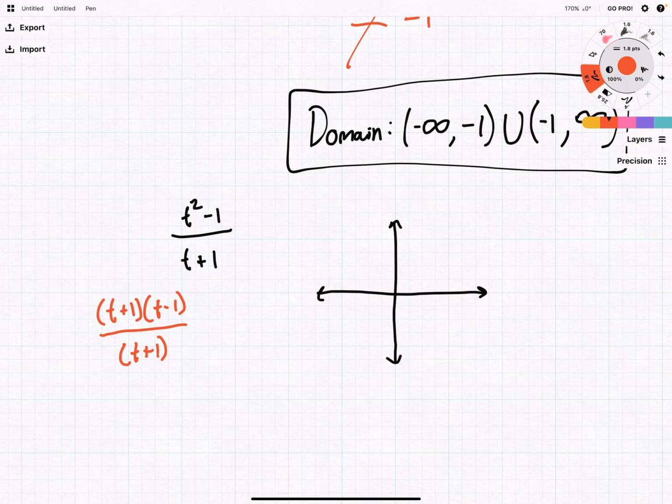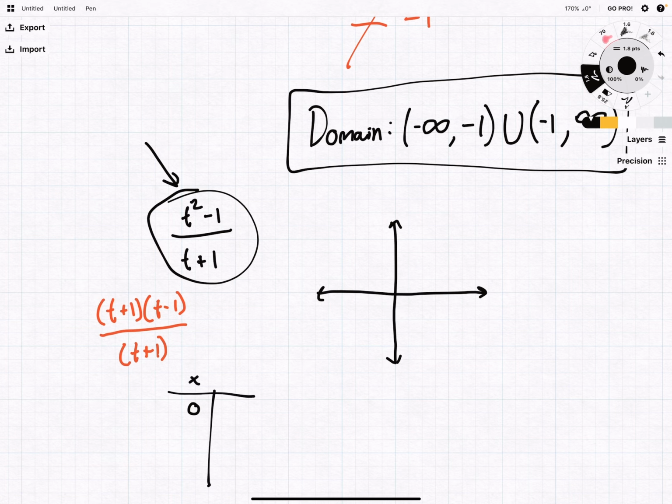And so let's just go ahead and start plugging in values. That way we can make some sense of this visually. So let's take a look at this function here in black. If we plugged in 0 for our x value, we would get -1 over 1, so that would just give us -1.